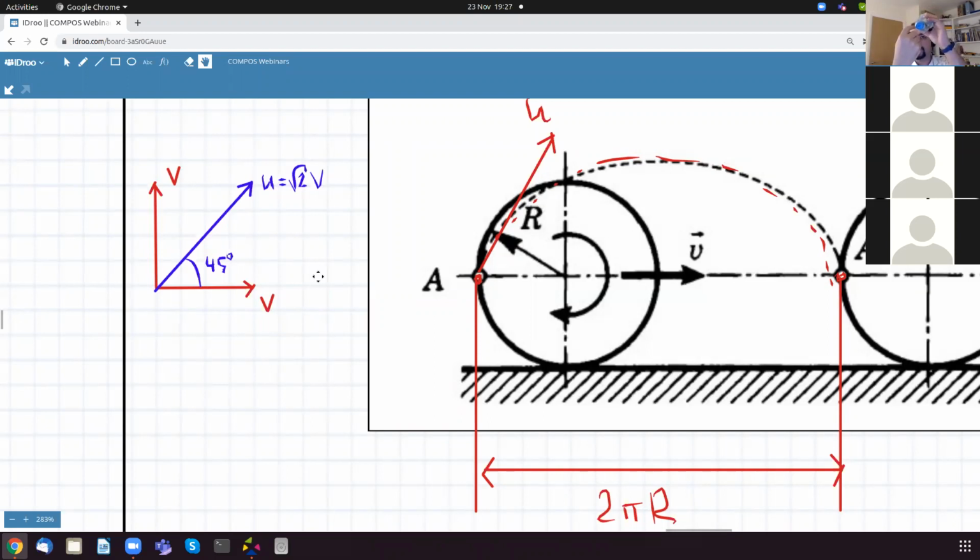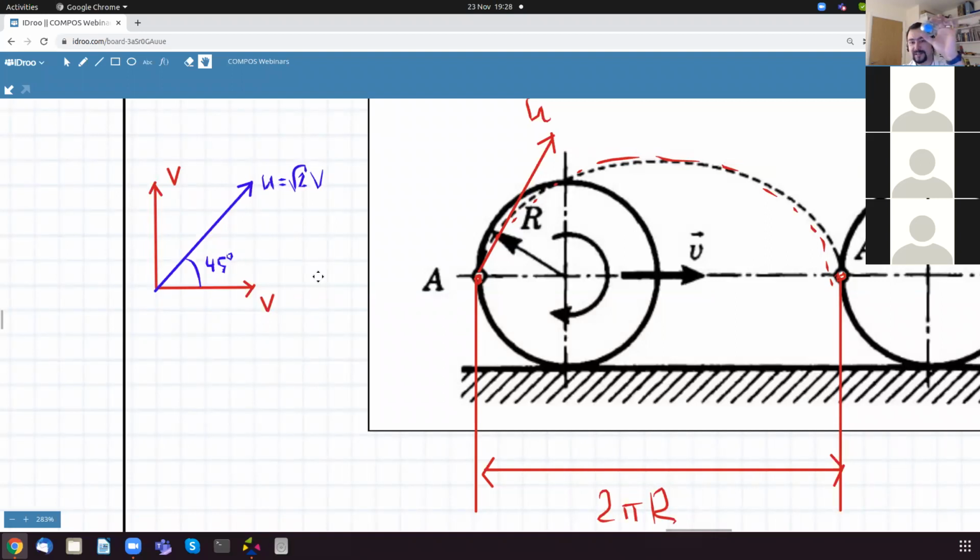All the points on the wheel are moving with the same speed in different directions. But also it is moving sideways.